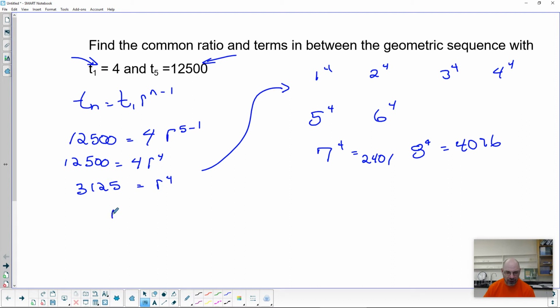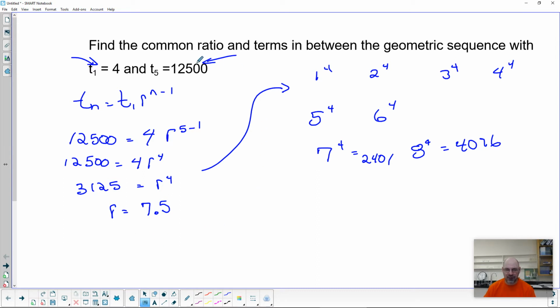So we're looking at R being about maybe halfway, so try 7.5. 7.5 to the power of 4. Okay, that's really close. So we'll say 7.5. That's close enough. Now the one in your handout actually works to a nice whole number, but this one didn't.